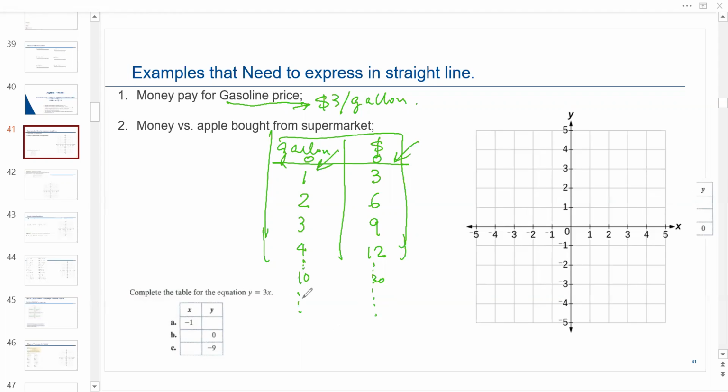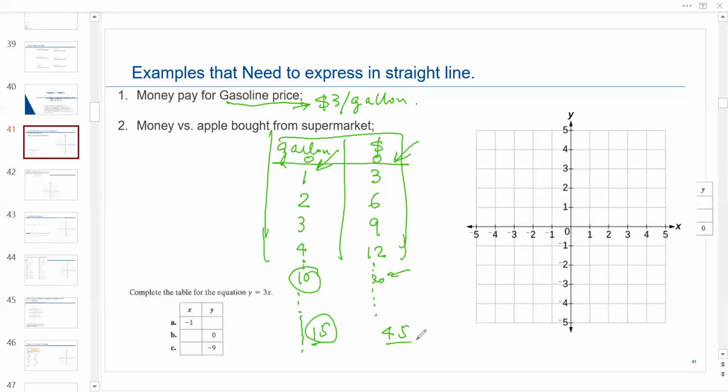Just like I say, the gallons you can determine based on your car size, right? Or based on how much money you have, you can say, I only have $30, so the maximum you can fill is 10 gallons. Or if the car is totally empty and you fill until it is totally full, you need 50 gallons and pay $150, like that.